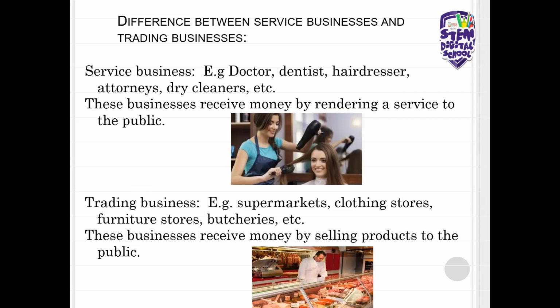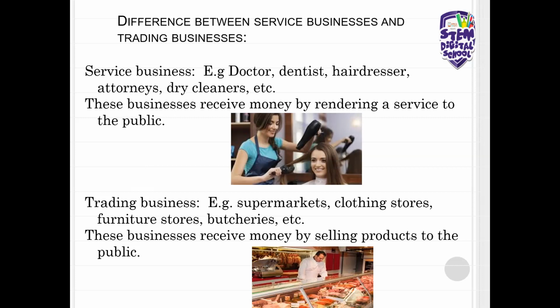While a trading business, on the other hand, is these businesses receive money by selling products to the public. So it's about products, goods, items, like, for example, supermarkets, clothing stores, furniture stores, butcheries, etc. If you look at these examples, every one of them is about goods, products that are going to be involved.